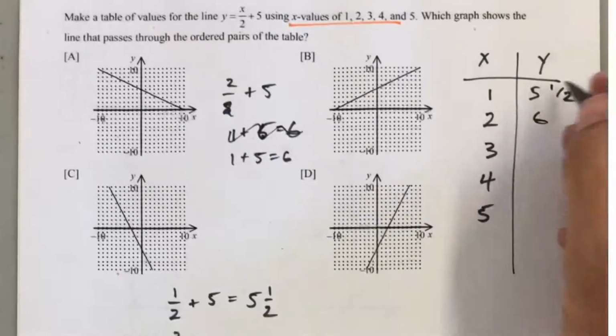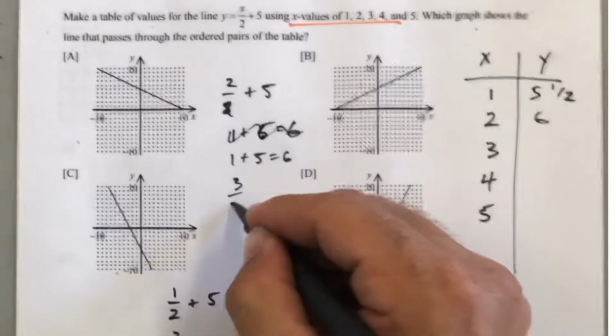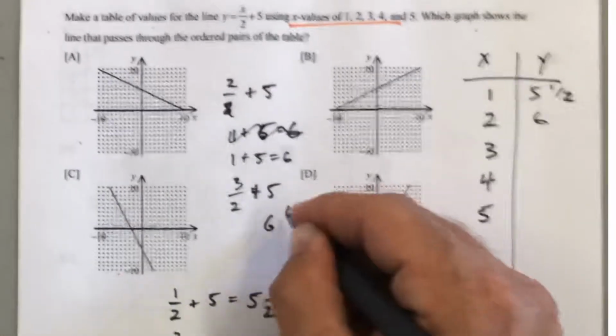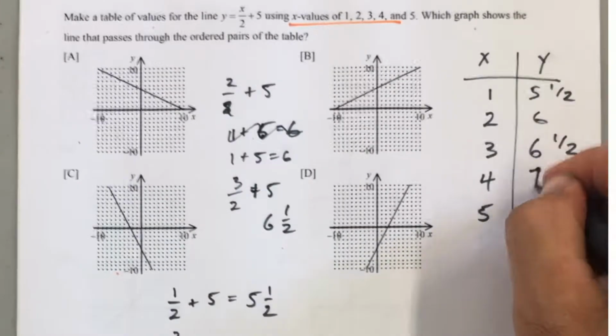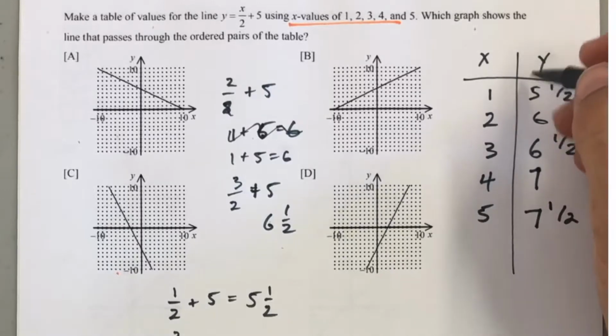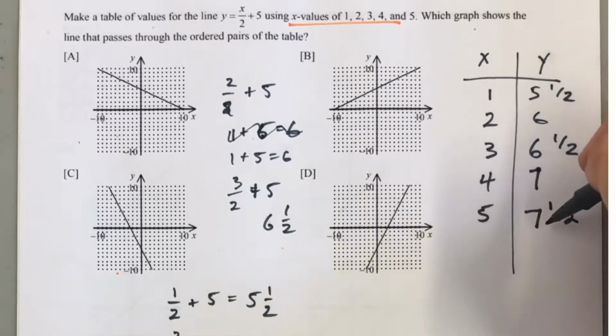Now, what do you notice about the trend here? This is going up. And if I do 3 over 2, or 1 1/2 plus 5, that's going to give me 6 1/2. So if I start to see this trend, it's basically just going up by 1/2. So what do I notice? I notice that as my X values are going up, my Y values are going up.